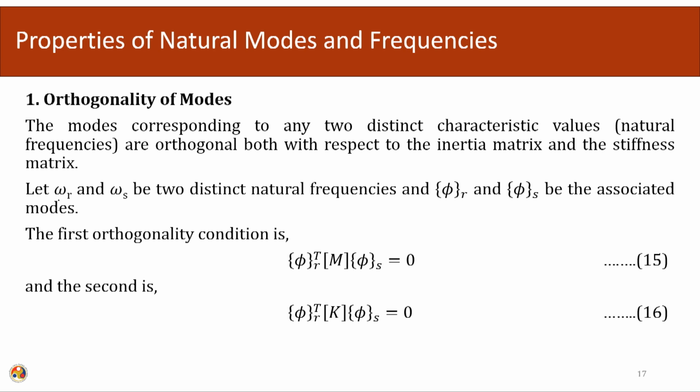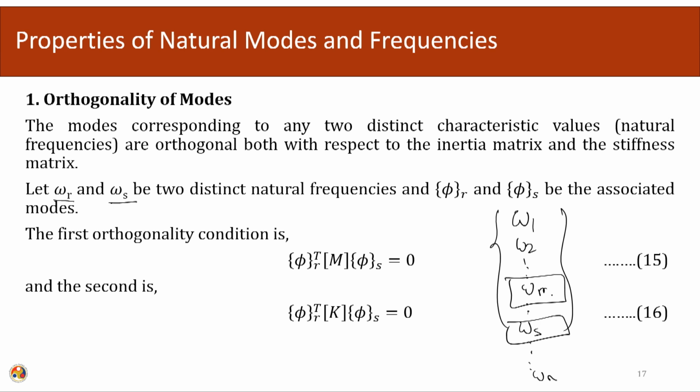Let omega r and omega s be two distinct natural frequencies. There will be n natural frequencies, omega 1, omega 2, omega r, omega s, till omega n. So, we are choosing any two natural frequencies, let them be omega r and omega s, and phi r and phi s will be the associated mode shapes. For each frequency there will be a mode shape.